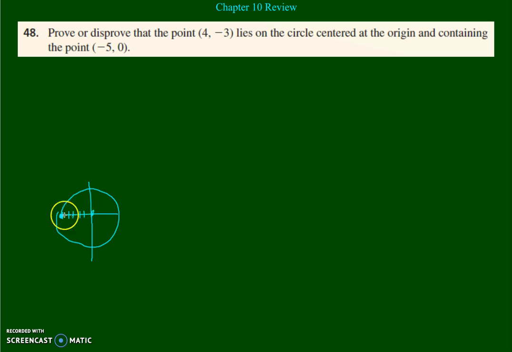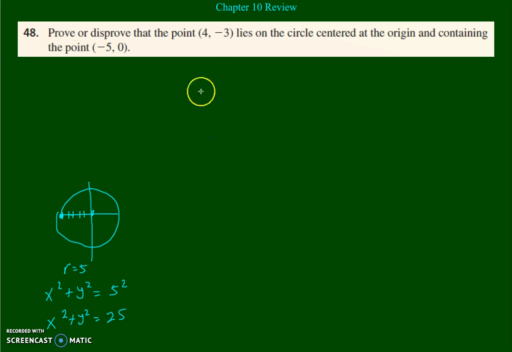And so since the radius is 5, we should be able to find our equation fairly easily. Since our h and k are both 0, we have x squared plus y squared equals 5 squared, which gives us x squared plus y squared equals 25.